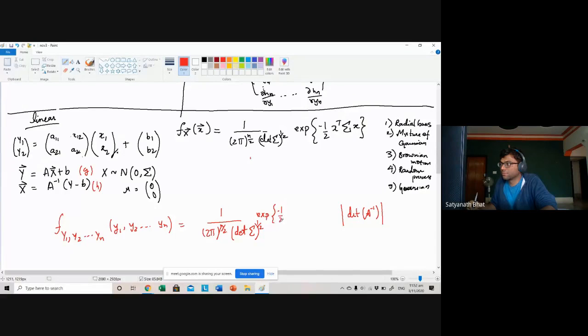So this will be minus half A inverse (y minus b) transpose sigma inverse (y minus b). So that's how you get the transform.